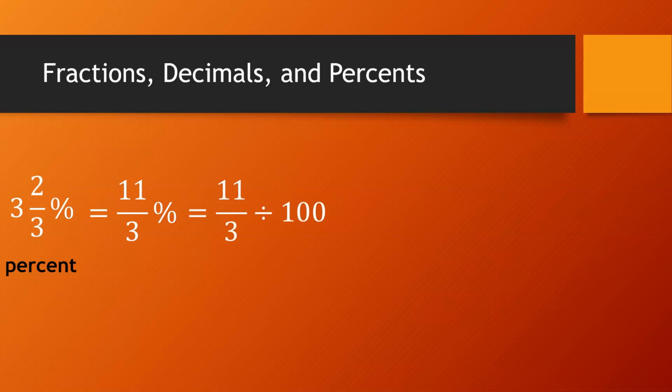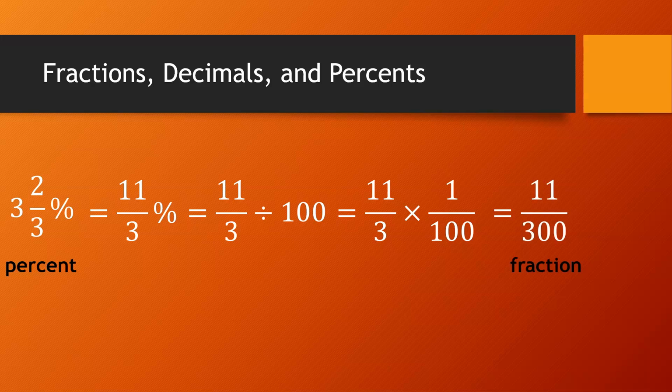But if we remember that percent means out of 100, then that's equivalent to 11/3 divided by 100, or 11/3 times 1/100th, which gives us the fraction 11/300ths. Now if we would like to have a decimal out of that, we would have to take 11 and divide it by 300. And since that's a repeating decimal, we can write that using our bar notation. So we have 3.6 with the repeating 6.